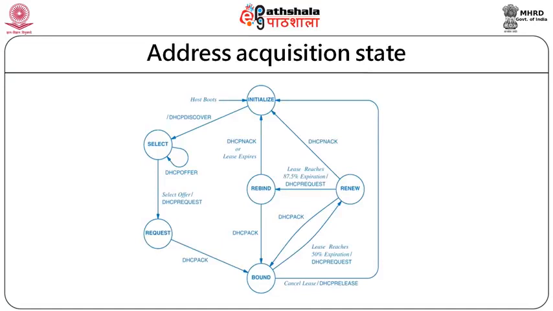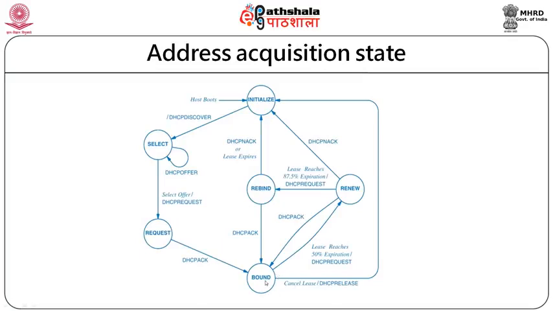Now once the server wants to respond, it will give an acknowledgement. Here you can see the DHCP ACK, that is acknowledgement from DHCP confirming that request, and the client will be in a bound state for the given period of time. So now the client is in the bound state. Once the request is accepted by the server, it is in the bound state.